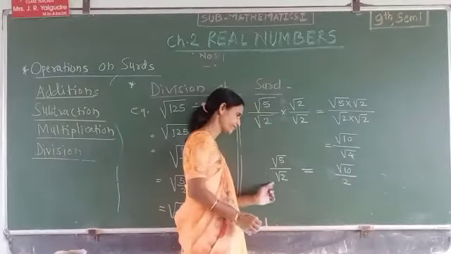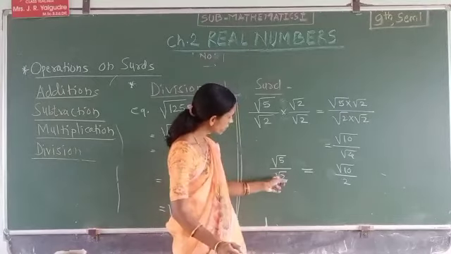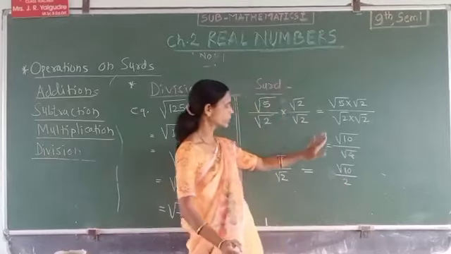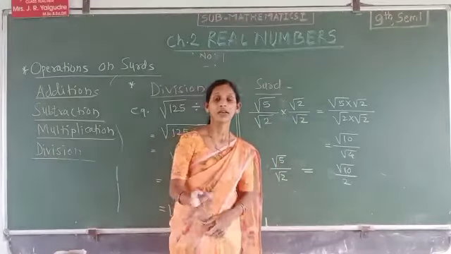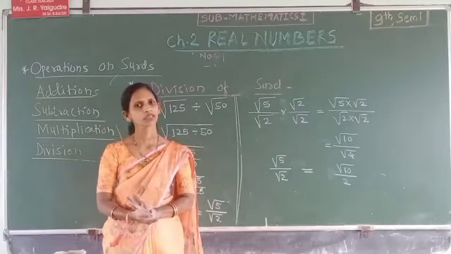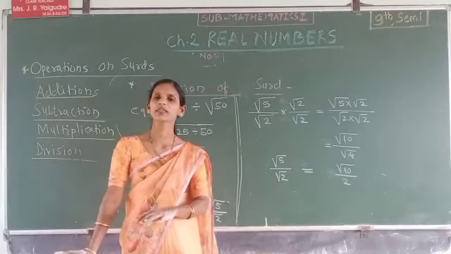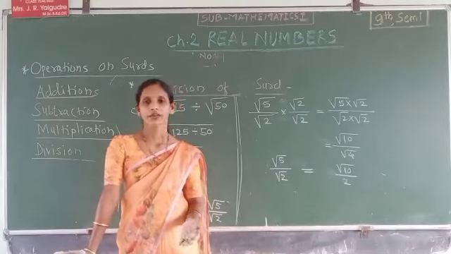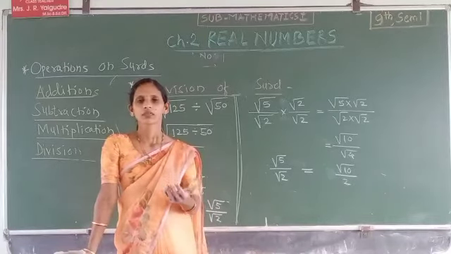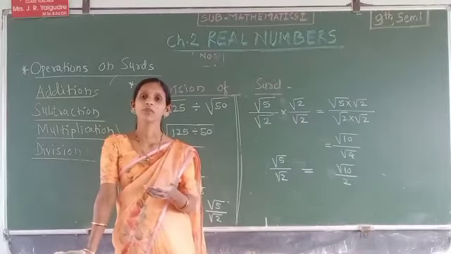That means the denominator of that surd is converted into a rational number, and that process is called rationalizing the denominator of the given surd. That process will be discussed in the next lecture.